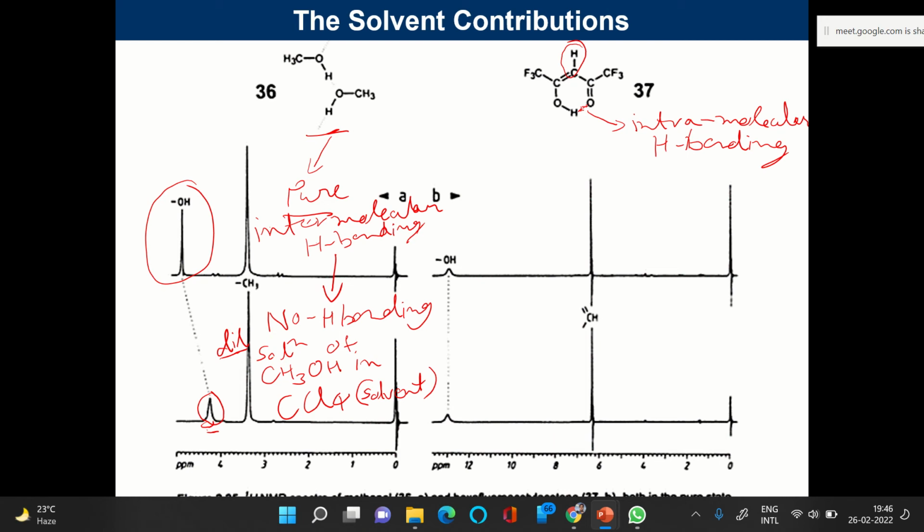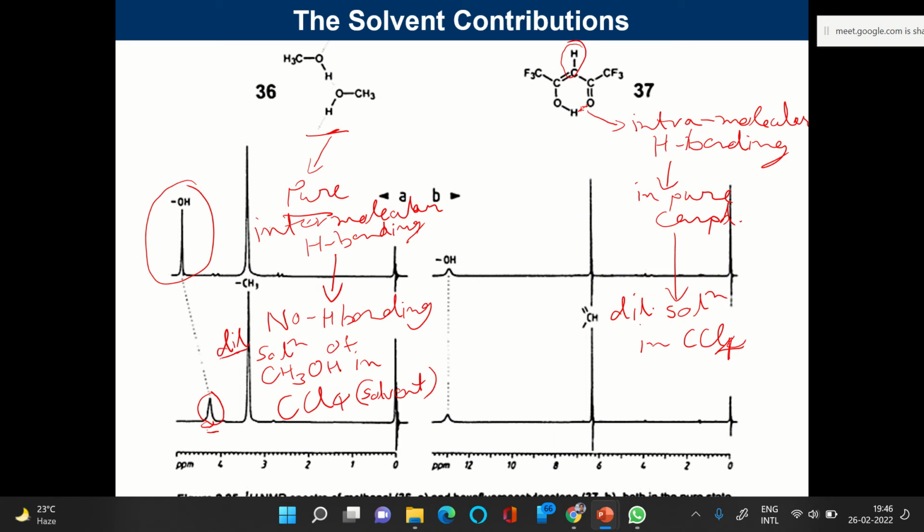So intramolecular hydrogen bonding in the pure compound, this acetyl acetate, and then in dilute solution in CCl4, the solvent is not affecting the hydrogen bonding. In the isolated view, when the molecules are well separated in dilute solution, the solvent cannot form hydrogen bonds.